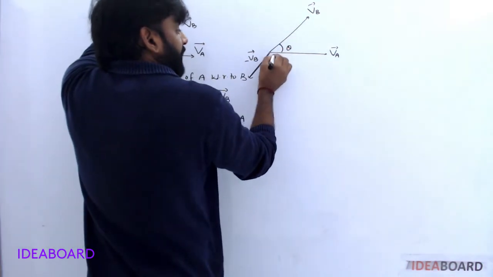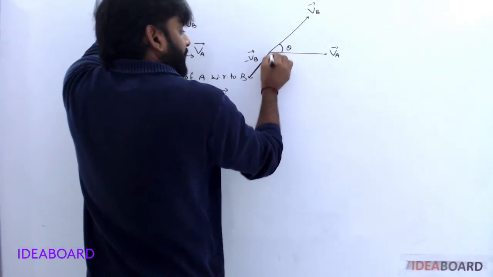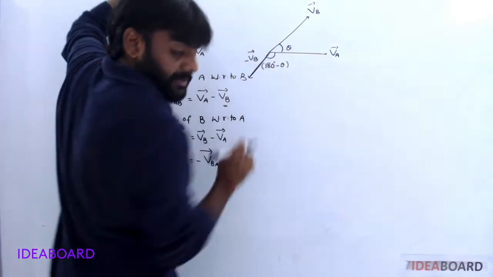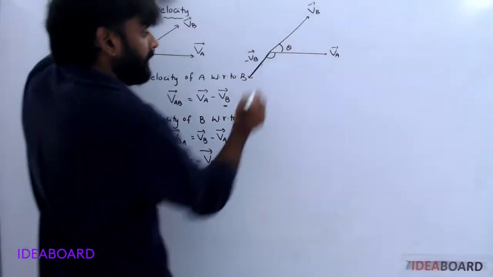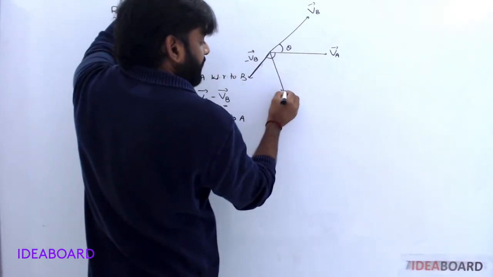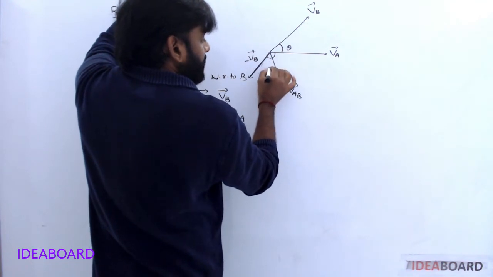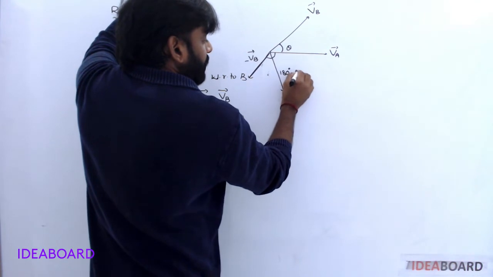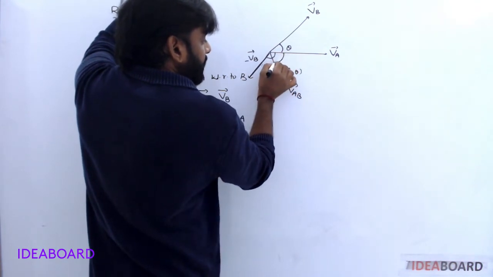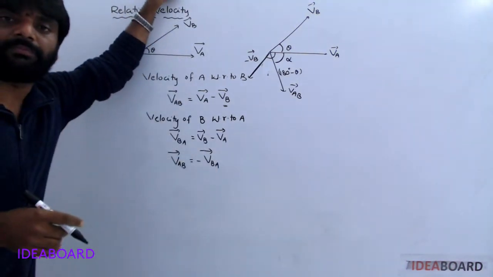This angle is theta, so whatever this angle is here, the total angle is 180 minus theta. This is the resultant of A with respect to B. Here the resultant makes an angle alpha with A.